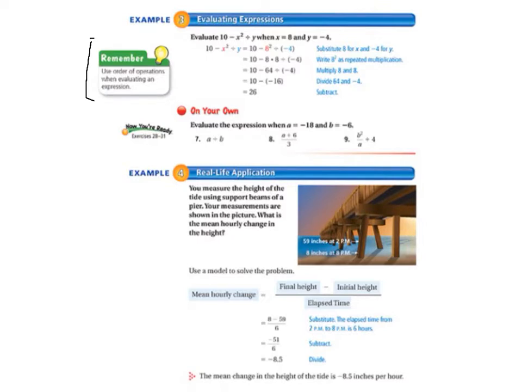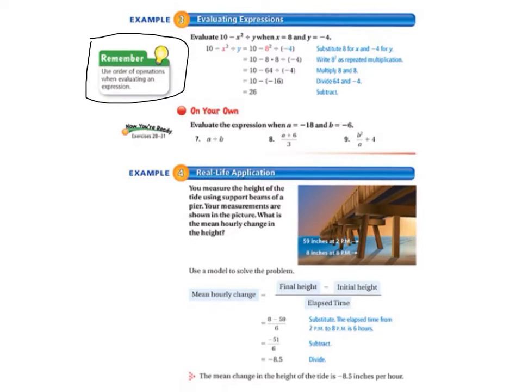So our first step is to substitute 8 for x and negative 4 for y. So when we've done that, our new expression is 10 minus 8 squared divided by negative 4.